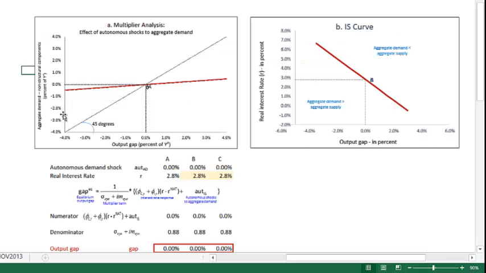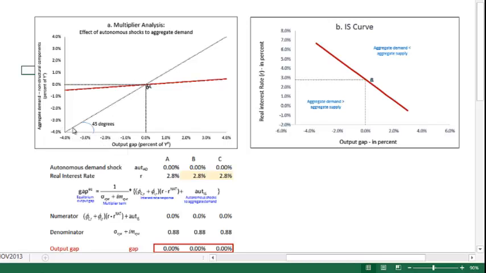If you have a look at this diagram, this is the familiar 45-degree line. On the vertical axis, we have the elements of aggregate expenditures or aggregate demand. On the horizontal axis, we have the output gap, what we produce, and we know that to be in equilibrium, this line, whose slope is 1 minus the marginal propensity to save minus the marginal propensity to import, has to cross this line along which output is exactly equal to expenditures.